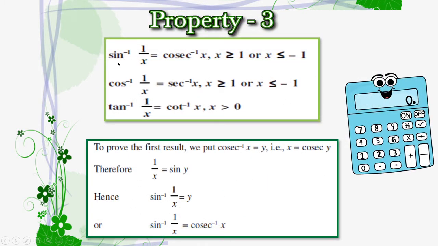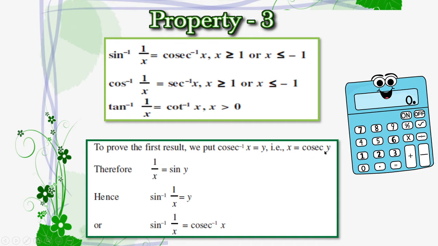Property 3 says sine inverse 1 by x is equal to cosec inverse x, and this is the domain. Same with cos inverse 1 by x equal to sec inverse x, tan inverse 1 by x equal to cot inverse x. So to prove the above results, let's take one result. Cosec inverse x we are assuming equal to y. Taking cosec to both sides, it will be x equal to cosec y.